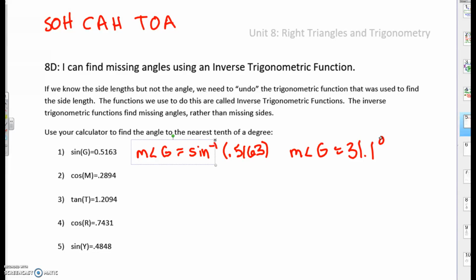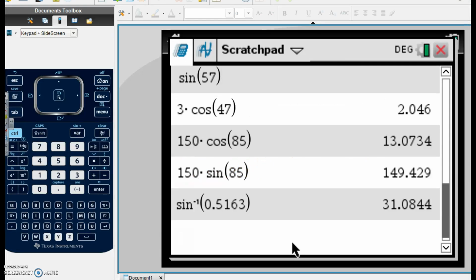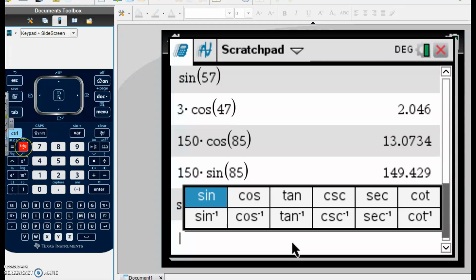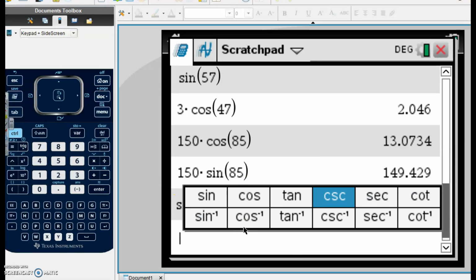So that's how we use inverse trig functions. Now let's take a look at cosine. If I know that cosine of m equals 0.2894, then the measure of angle m is going to equal the cosine inverse of 0.2894. So we're going to hop into our calculator, and again we're going to look at our trig function, and we're going to click on the cosine inverse.